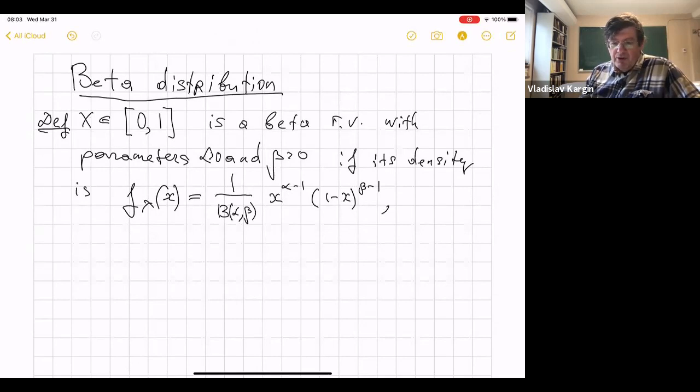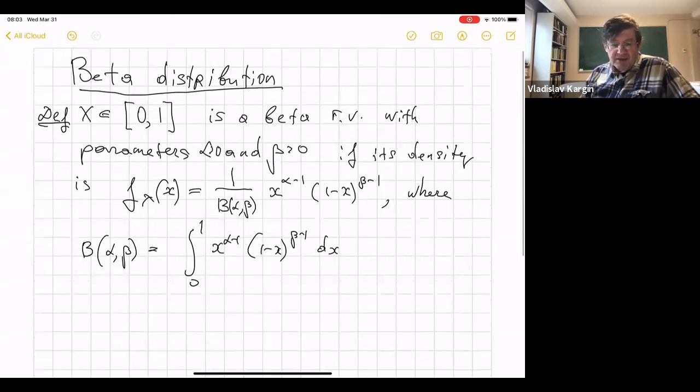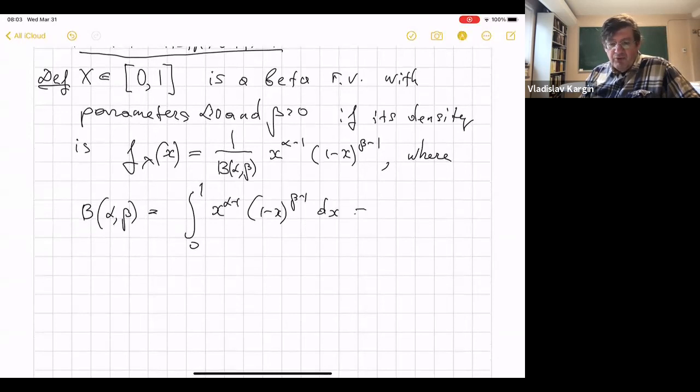And of course this B of alpha and beta is just defined as an integral from 0 to 1 of x to the alpha minus 1 times 1 minus x to the beta minus 1 dx. This integral can be calculated for, say, integer alpha and beta. And from this calculation, one can guess the formula for this constant.